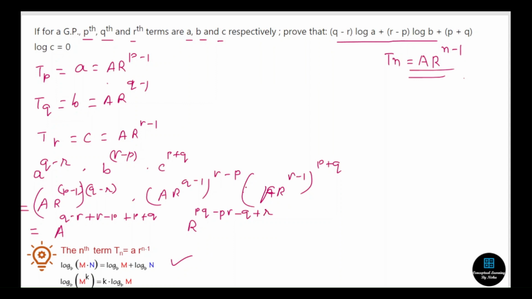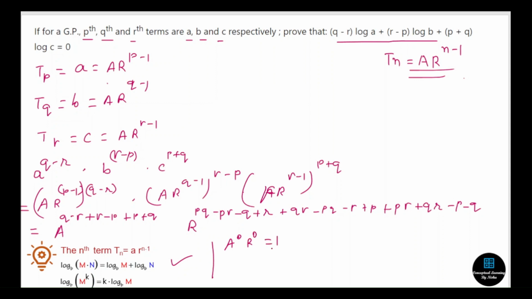Now I'll add the others: qr minus pq minus r plus p, plus pr, plus rq or qr, minus p and minus q. And when we simplify, I'll get A to the power 0, R to the power 0.